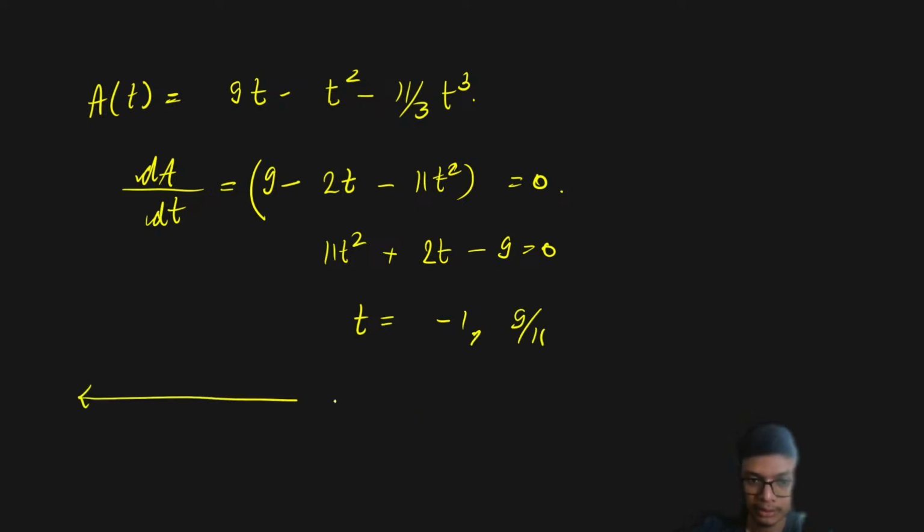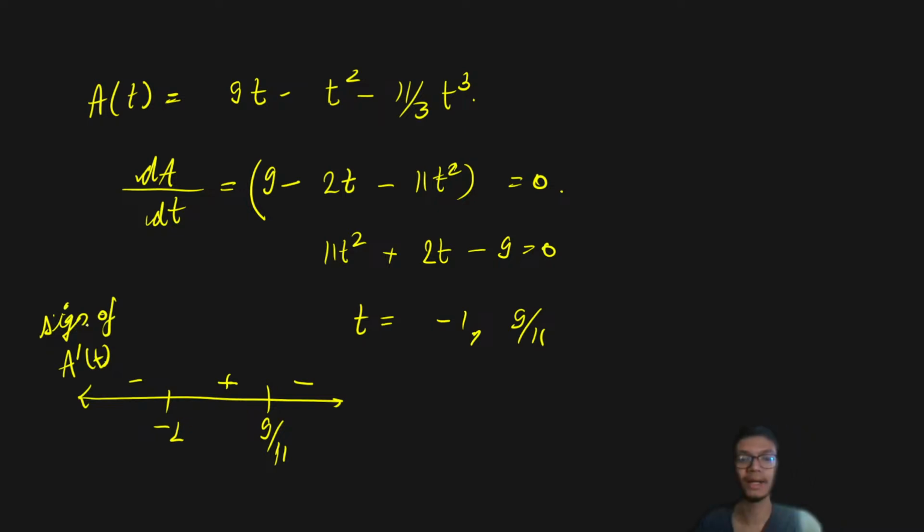So if we plot them on the number line, minus 1 and 9 by 11, and try to get the sign scheme of f dash of x, that is dA by dt, we get minus, plus and minus, because the t square term is dominated by the minus sign over here, right? So from this you can see that this is basically the A dash of t.